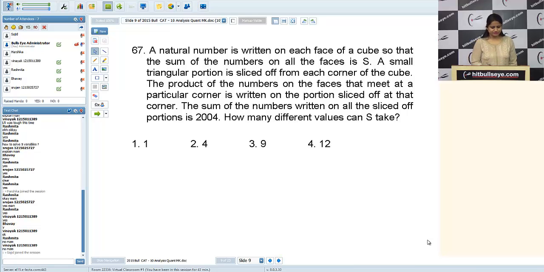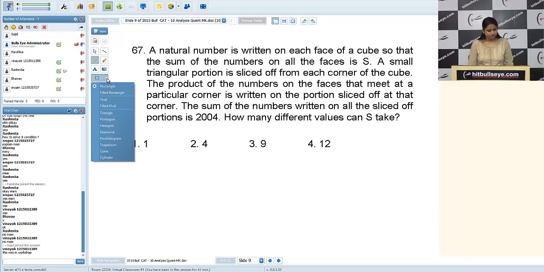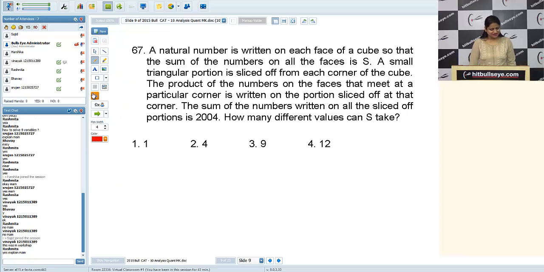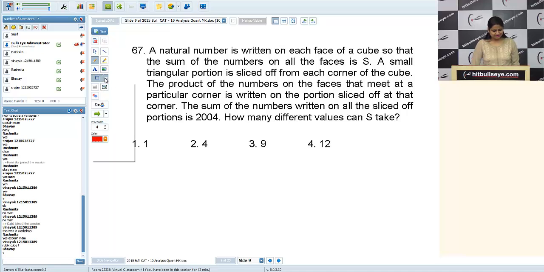Yes, now coming to math section. Question number 67. Any problem in this? Yes, Vinayak, this was a kind of this question.